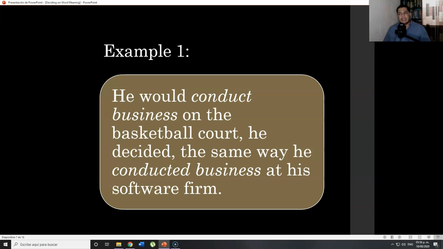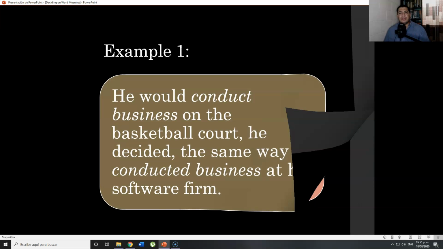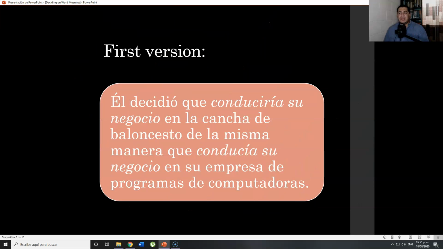This is the problematic term that we are going to be facing. I am going to show you the first version of this translation. Él decidió que conduciría su negocio en la cancha de baloncesto de la misma manera que conducía su negocio en su empresa de programas de computadoras.